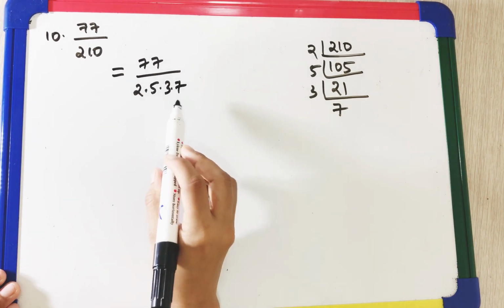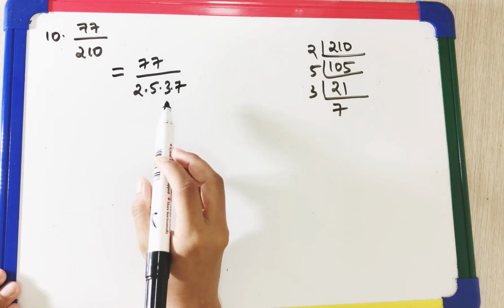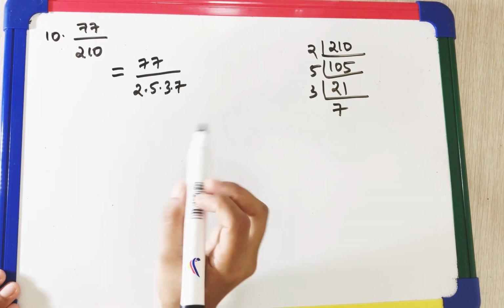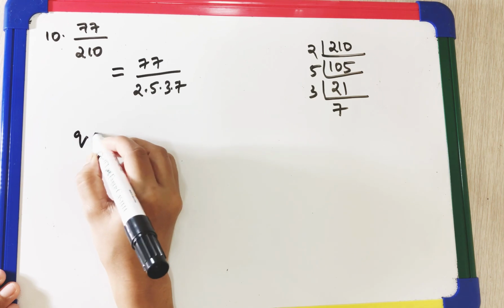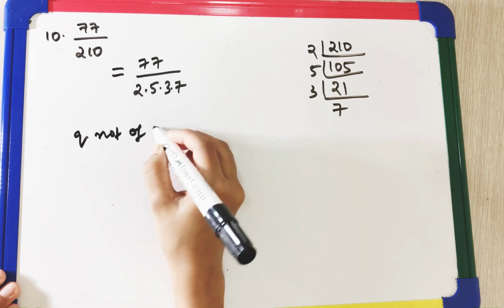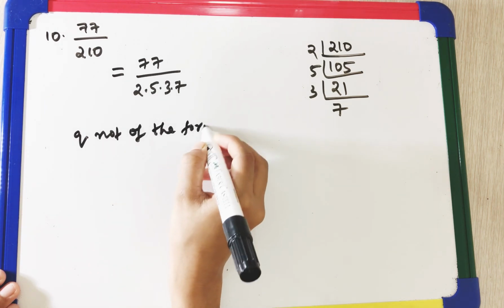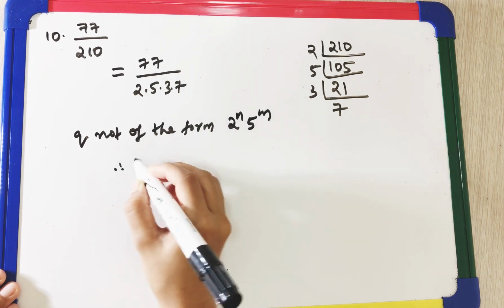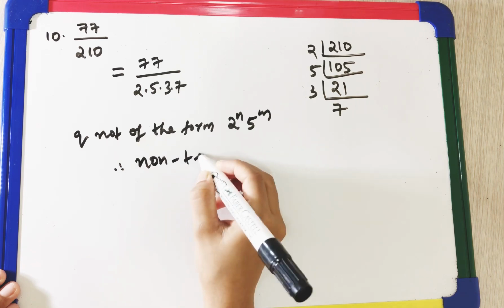Here, the denominator is not of the form 2 raised to n into 5 raised to m. Therefore, it is non-terminating repeating.